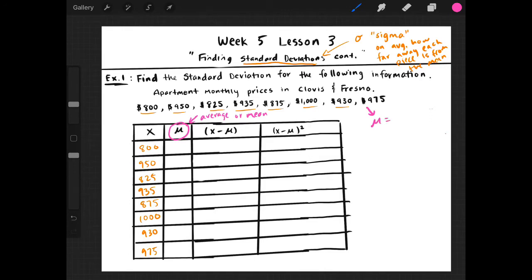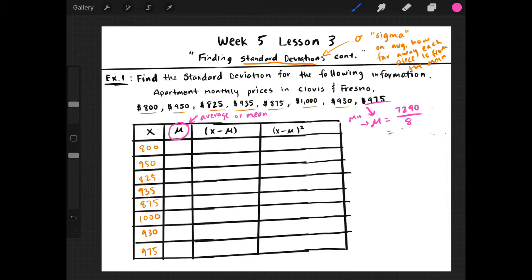So I'm going to come down here. We'll keep it all in the same color. We'll say that the average or the mean, I'm going to say that's mu, is equal to 7,290 divided by 1, 2, 3, 4, 5, 6, 7, 8 pieces of data. So we divide that by 8, and we end up getting $911.25.